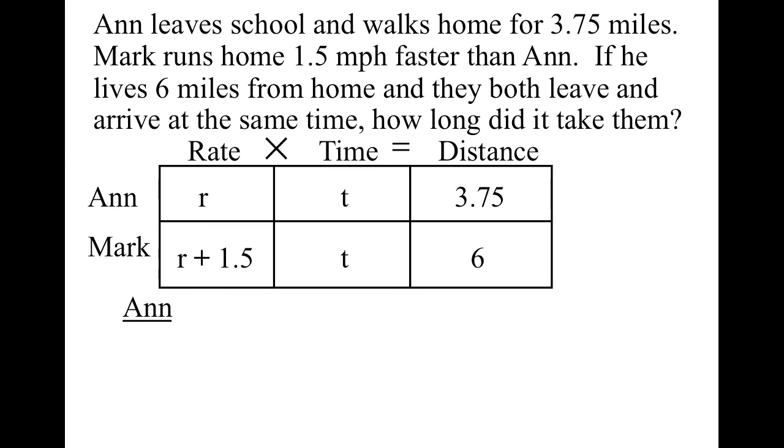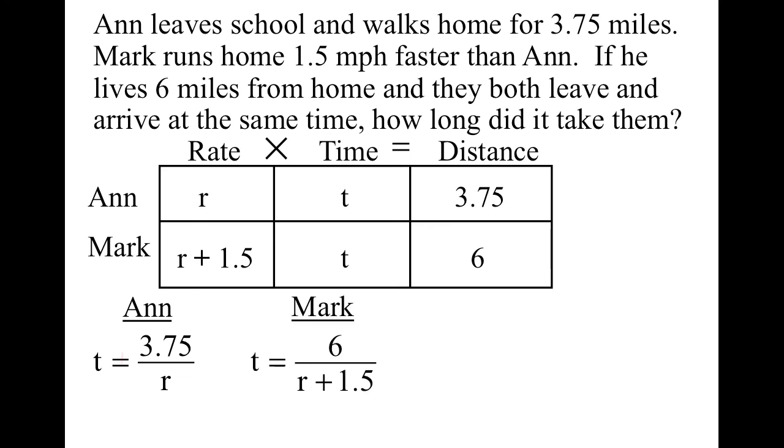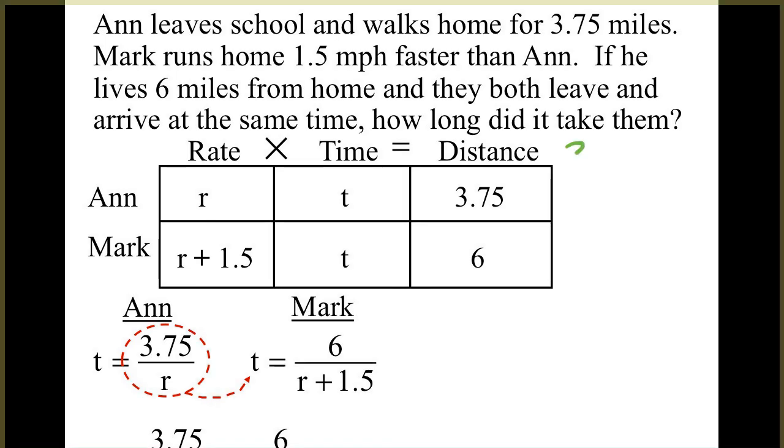Okay? Remember, t equals, do our substitution. We're going to get 3.75 over r. I'll write it right up here. Then I'm going to erase it. 3.75 over r equals 6 over r plus 1.5.